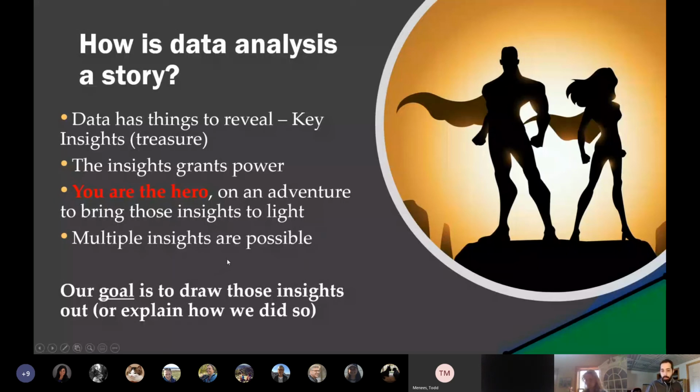And there might be many insights and multiple ways to slice and dice data. You could find all sorts of things. So if our goal is to draw those insights or explain how we did it, then we can use this framework to sort of retrieve that treasure.